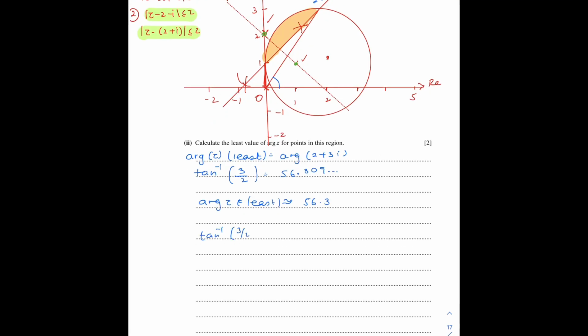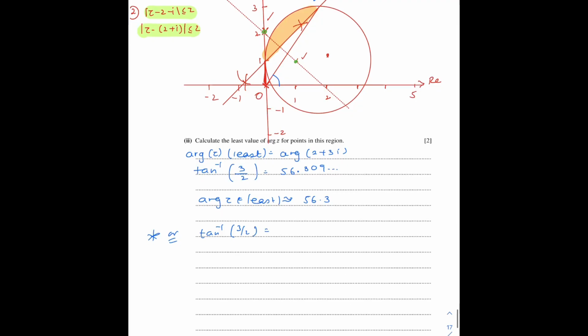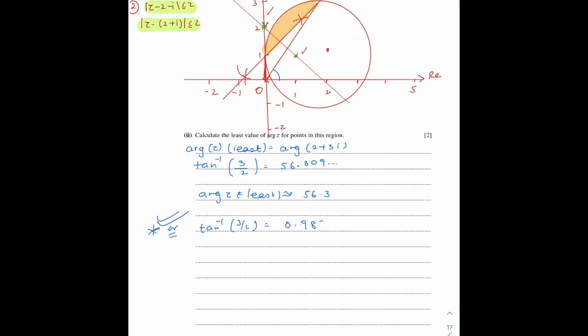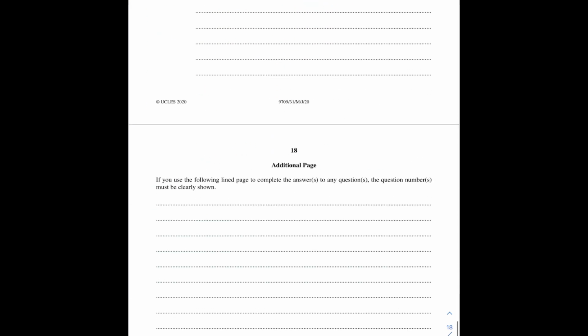So the least argument of z is approximately 56.3 degrees. In radian mode, tan inverse 3 over 2, which is preferable, is 0.983 radians. Let's try the next one.